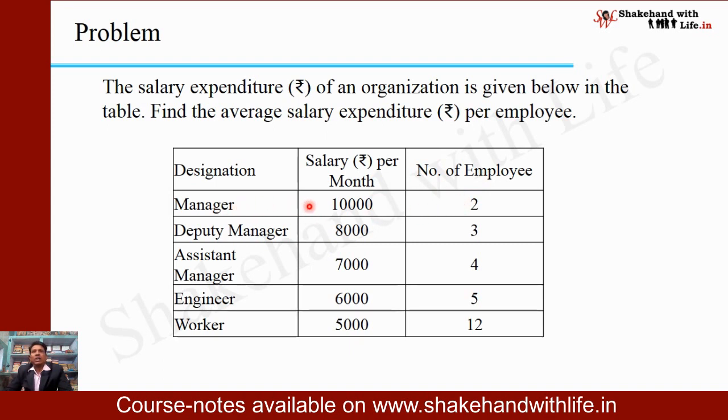The manager is getting 10,000 per month, deputy manager 8,000, assistant manager 7,000, engineer 6,000, and worker 5,000. The number of managers is 2, deputy managers 3, assistant managers 4, engineers 5, and workers 12. So you need to calculate the average salary expenditure per employee.